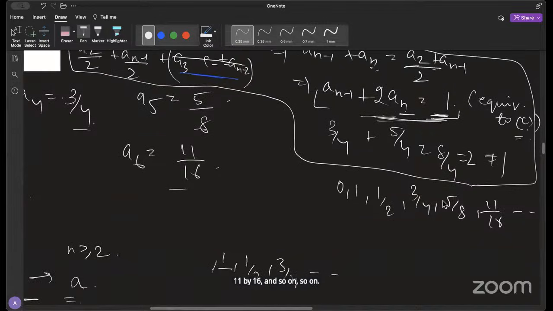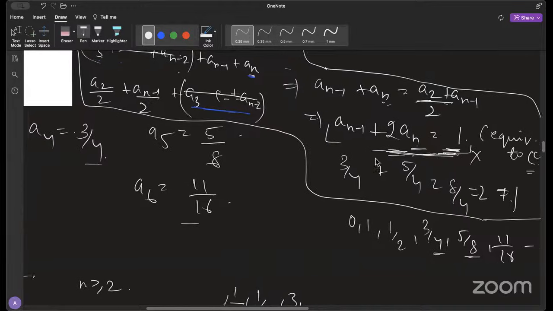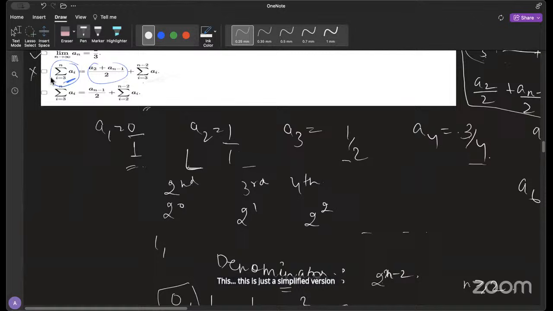So we're taking any two consecutive random terms and testing them here, if it's true for them or not. So we put these two consecutive terms here, and we see that it's not equal to 1. That means the statement is not correct. This is just a simplified version of the third option.